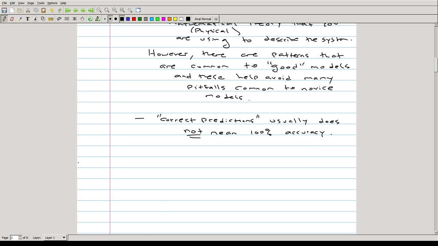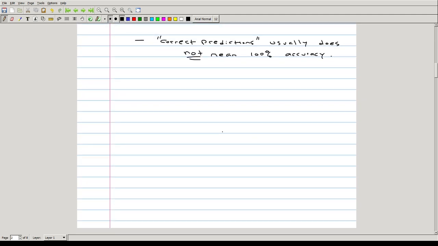All mathematical models have limitations, and as such, it's up to us, the creators of the models, to clearly state and investigate these limitations.